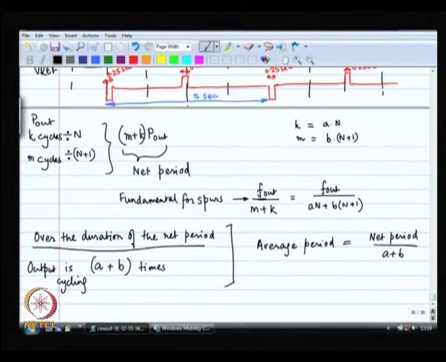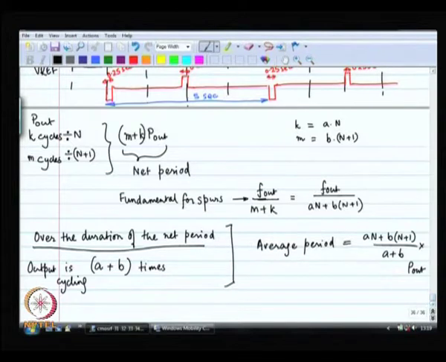Okay. Net period is equal to a times n plus b times n plus 1, whole thing times P out.